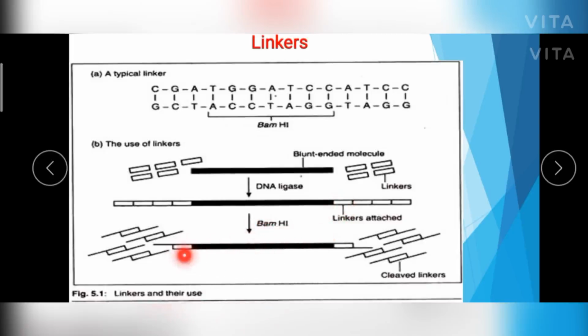After attaching the linkers, they are subjected to restriction enzyme digestion. BamHI is added, and because it has the recognition site within the linker, it will cut at the ends, and in this manner you will get sticky ends at the ends of this fragment.